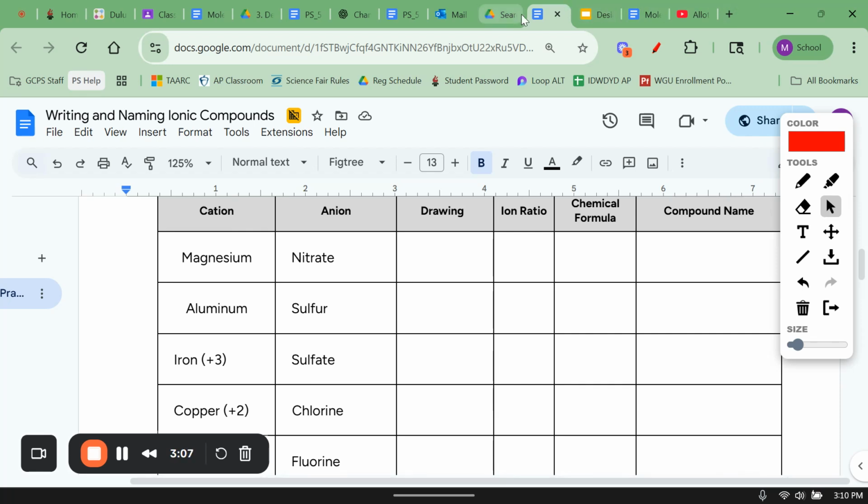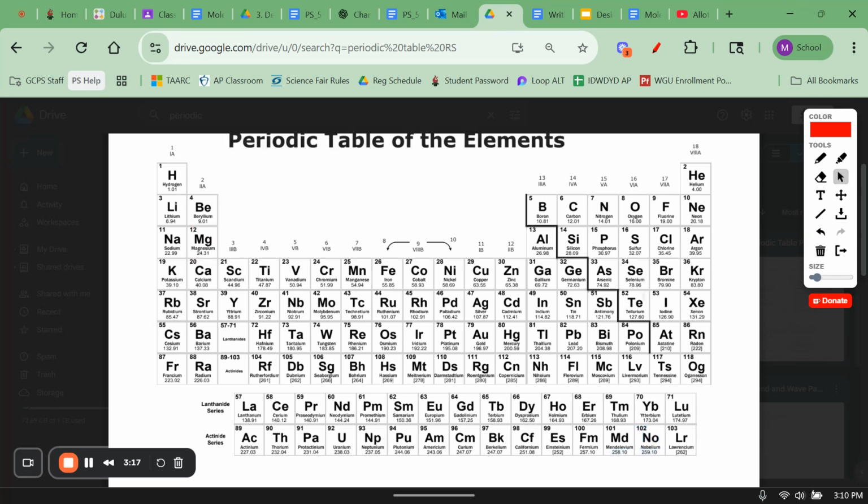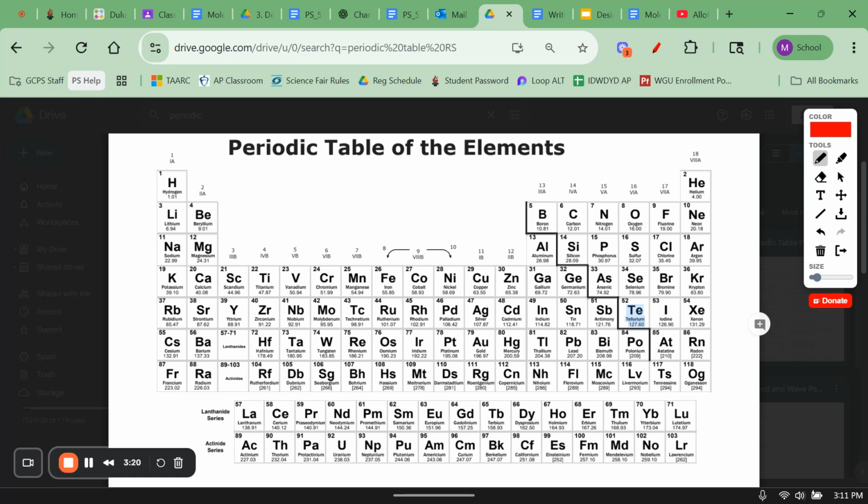So let's take care of magnesium. If I look up magnesium on the periodic table, then I can see that it is right here. It is an alkaline earth metal, and so it is going to have 2 valence electrons, just like every other element in this family. Because it has 2 valence electrons, it will lose those to get us a positive cation charge.